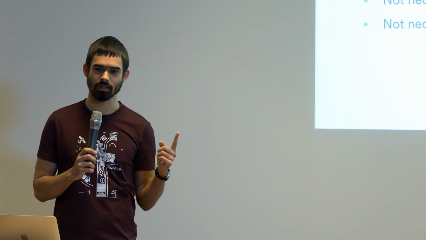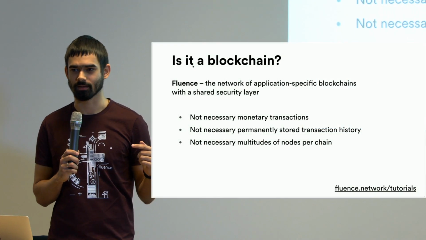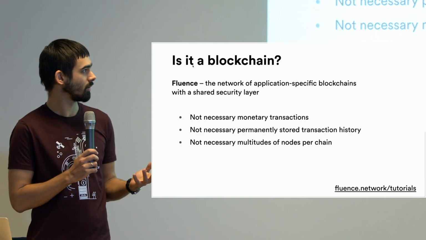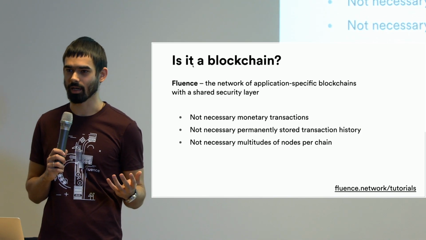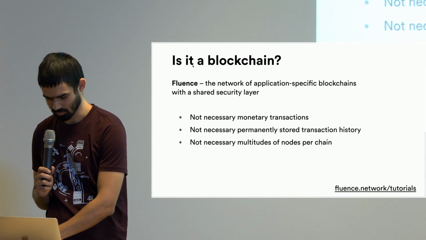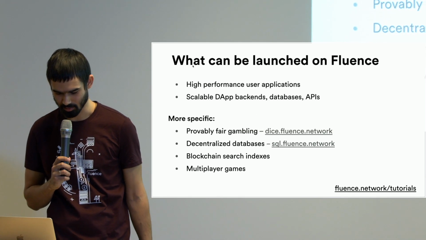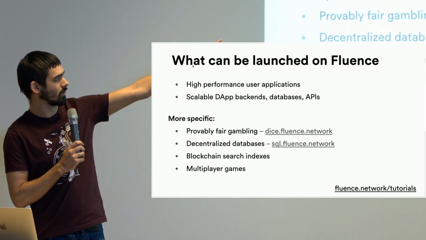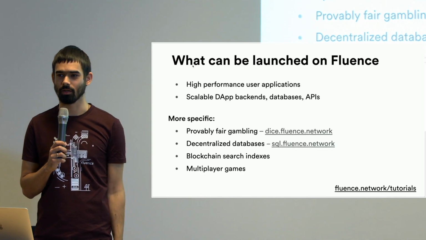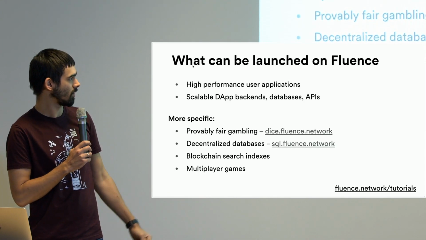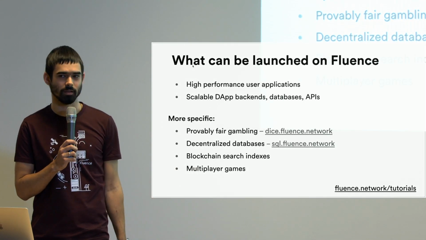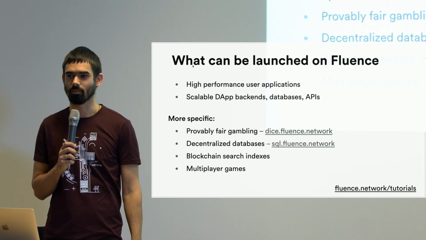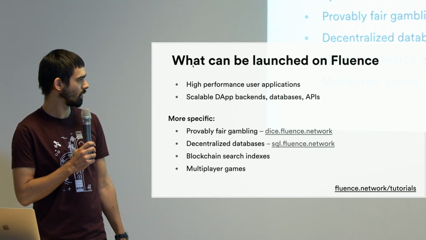These applications are stateful and fast, so you could run almost any backend on it, for example, databases or games with perfect information, or blockchain search indexes if you find the way to put the data from blockchains in. We are planning to do it.